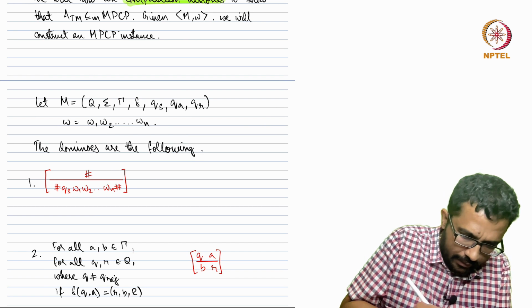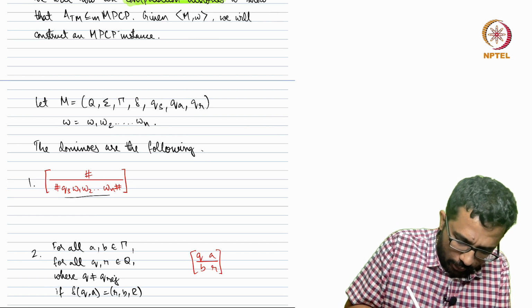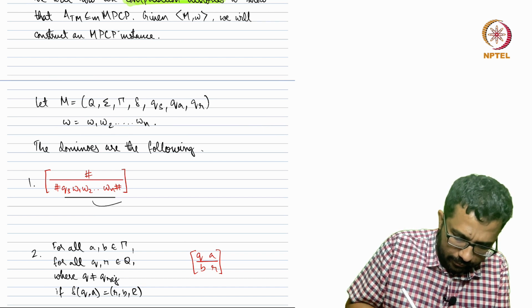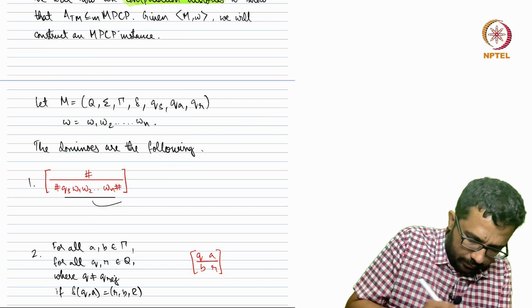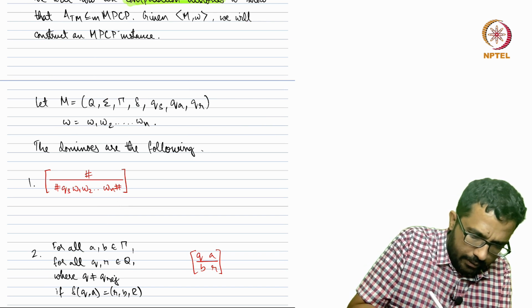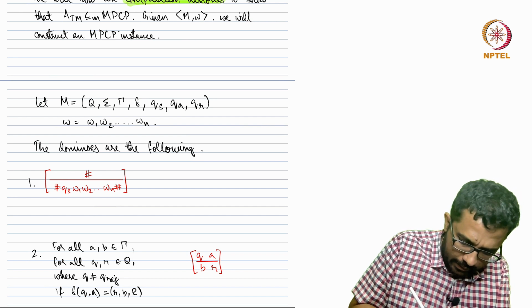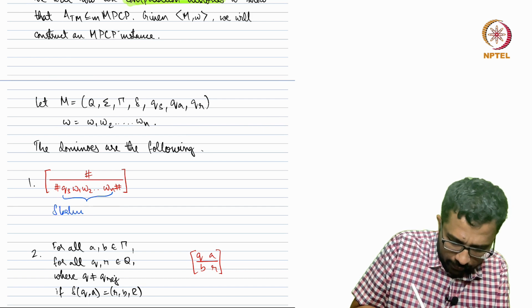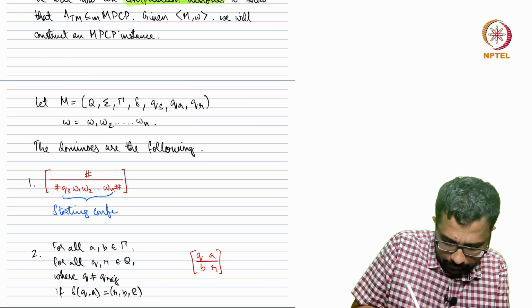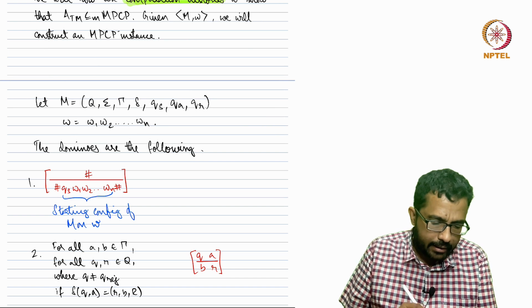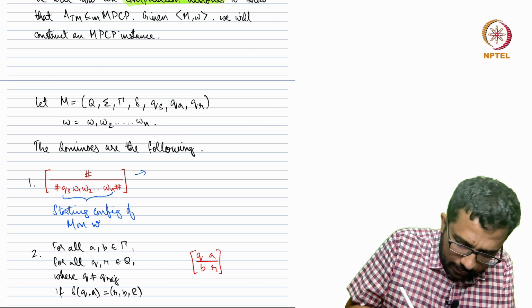If you observe this closely, you will see that this Q_S W1 up to Wn is the starting configuration of M on W. So this is the starting domino, right?